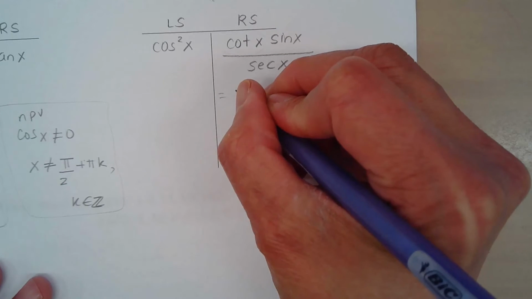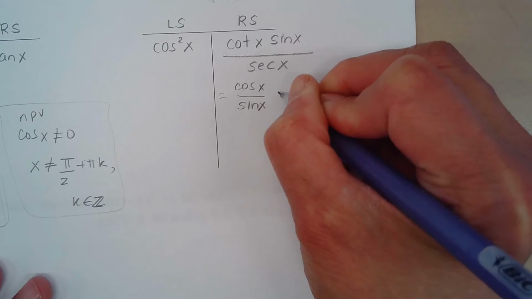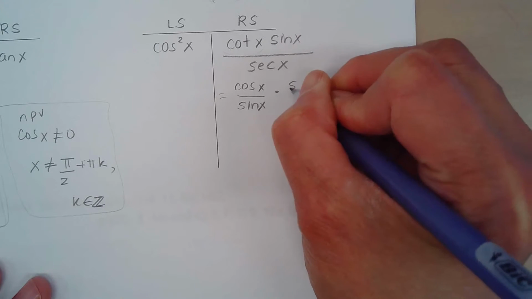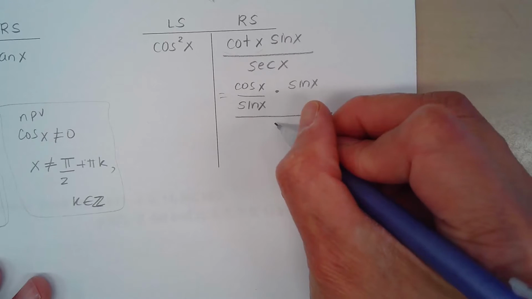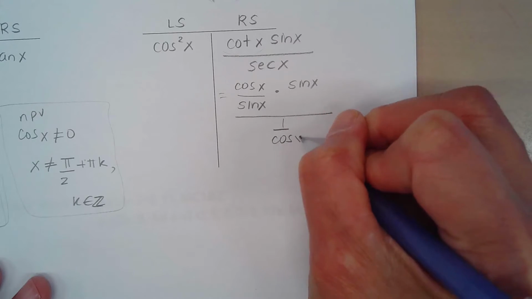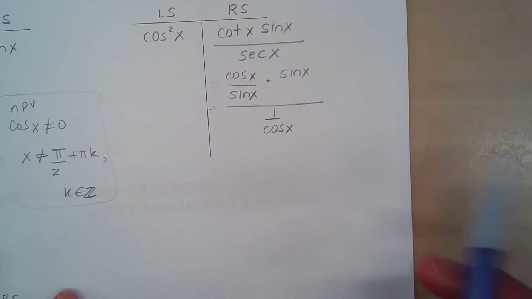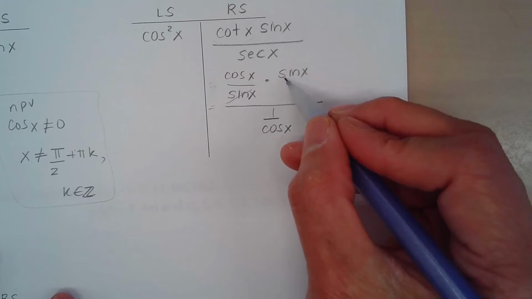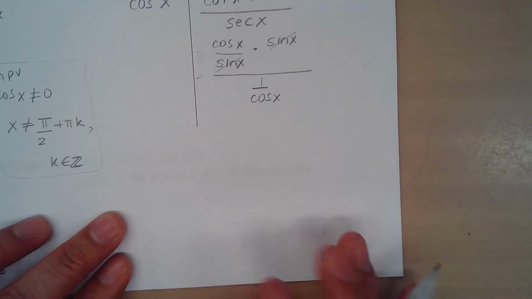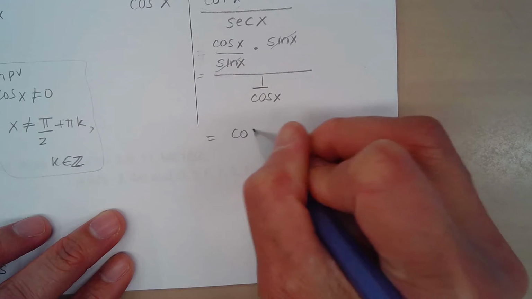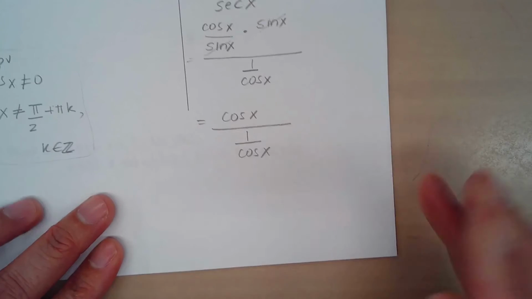Cotangent is cos over sine: cos of x over sine of x times the sine of x divided by 1 over cos. Now we're going to have a complex fraction. The sine of x has a common factor that can be cancelled out, so we get cos of x divided by 1 over cos of x.